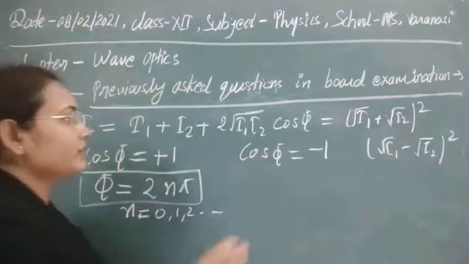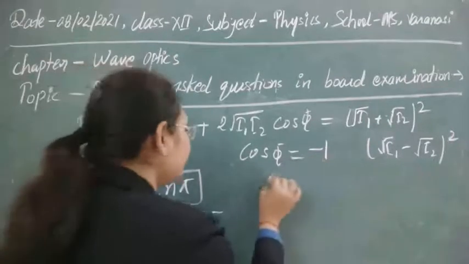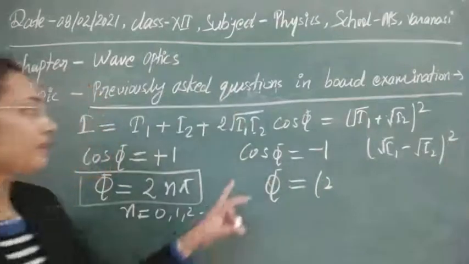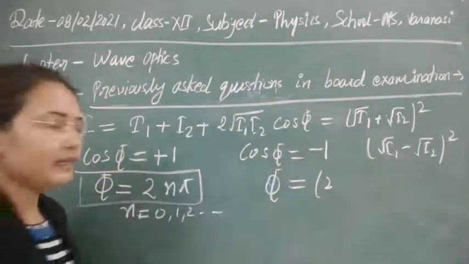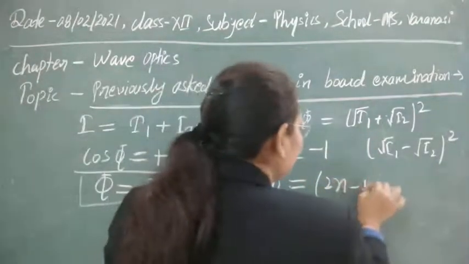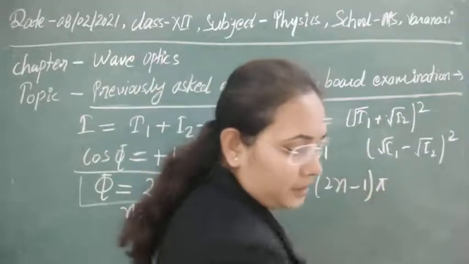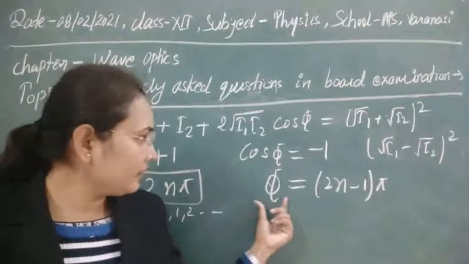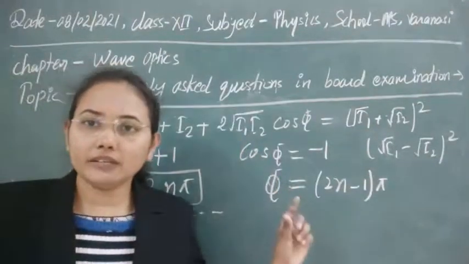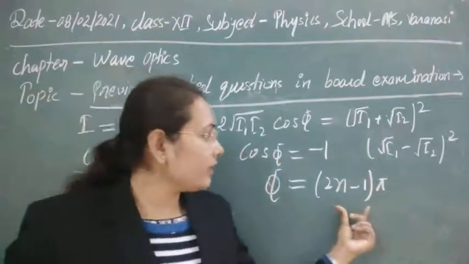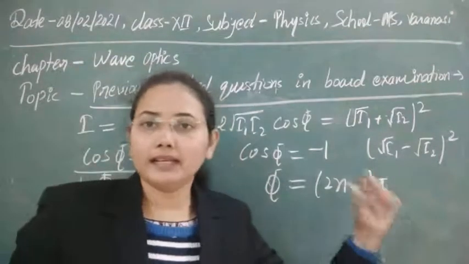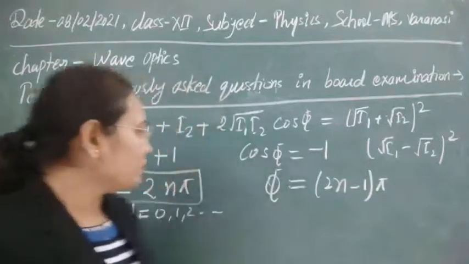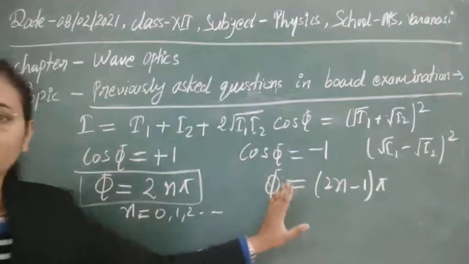And for the values where cos phi is equal to minus 1, phi will be equal to (2n minus 1) times pi. So whenever the phase difference between the interfering beams is an odd multiple of pi, then at that point we get destructive interference, or dark fringes. So these are the two conditions that we can get.